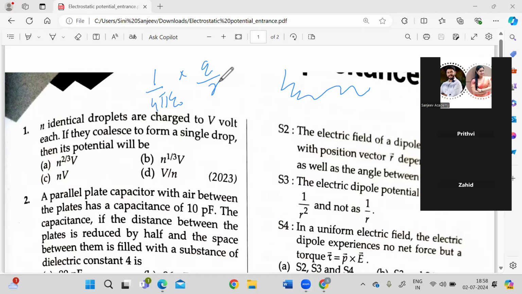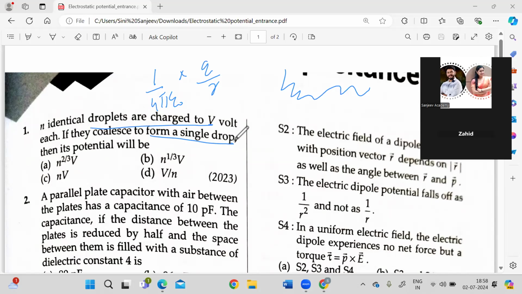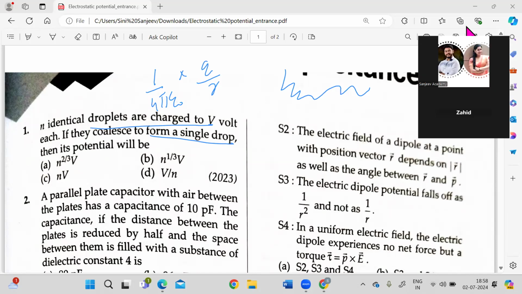Here there are n number of charges. N identical droplets which are charged to V volt each, and they are forming a single drop. And all of these drops are spherical drops.